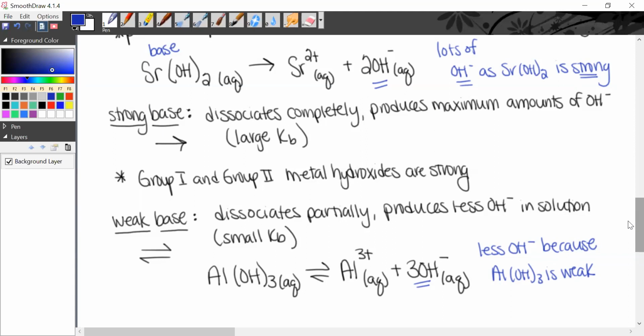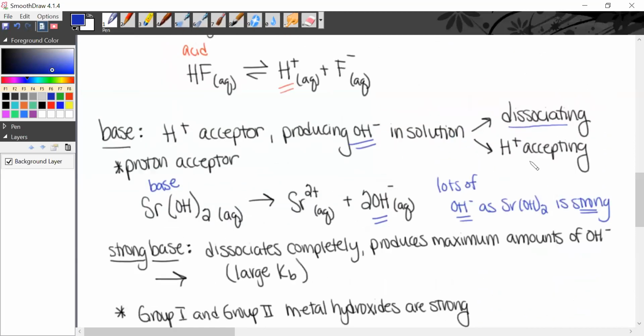So we didn't really need the new definition for acids, but there are substances that can produce OH minus without having any OH minus in the formula. How does that happen? By accepting an H plus. So we have to look at that example: how does H plus acceptance produce OH minus in solution.